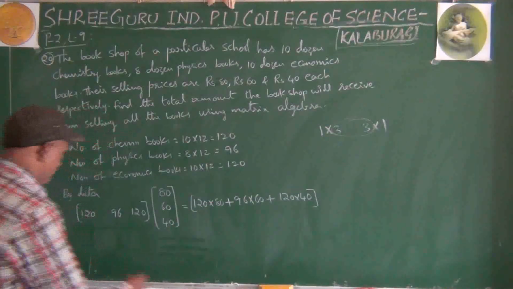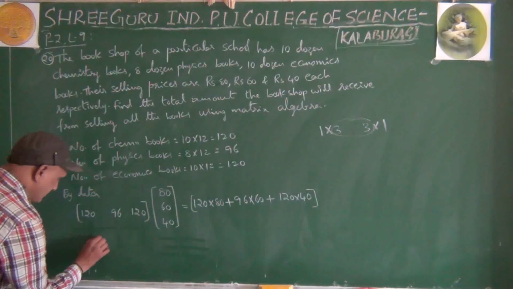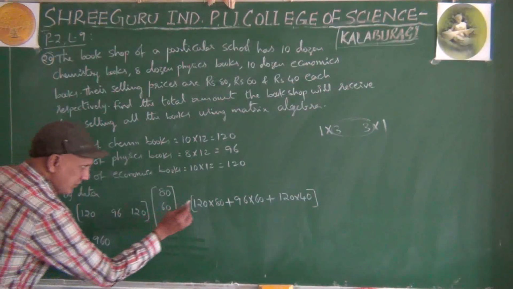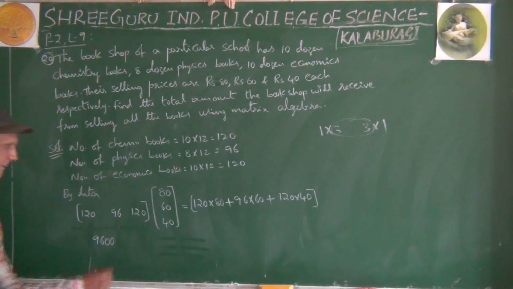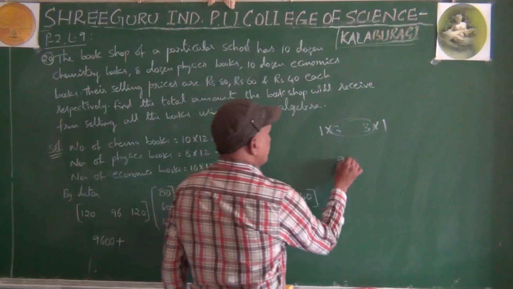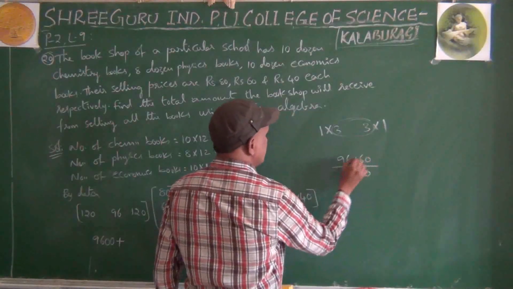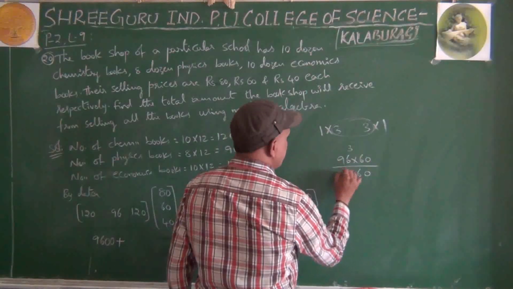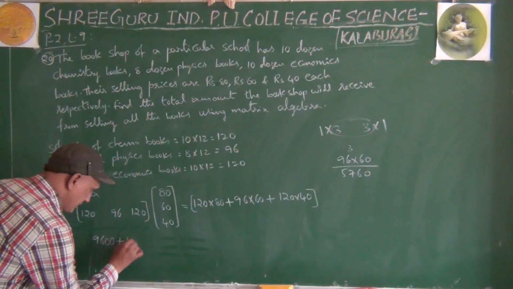Let us simplify this one. 120 into 80 is 9600, double 0. Plus 96 into 60, 0 keep as it is. 6 6s are 36, 6 9s are 54 plus 3, 57. 5760.